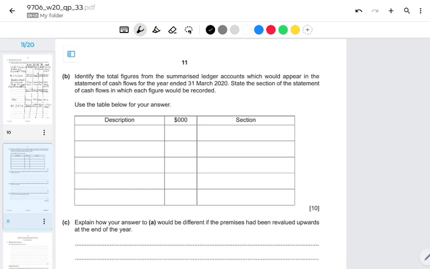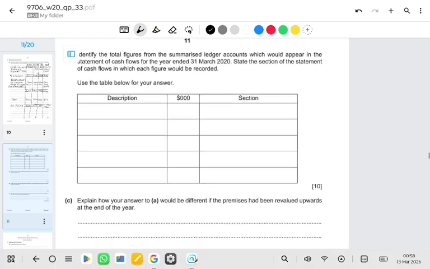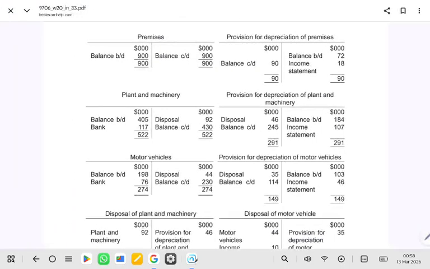Okay, so first of all, we need to go for the total ledger accounts and see.